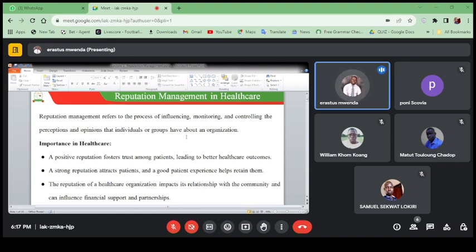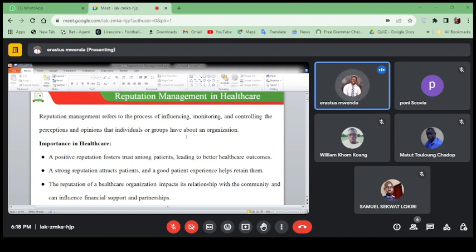What is going to happen also when we have a good reputation, we could also be very keen in ensuring that employees feel safe in our hands as healthcare organizations. So how do we go ahead to create this positive image? That's what we will be discussing.